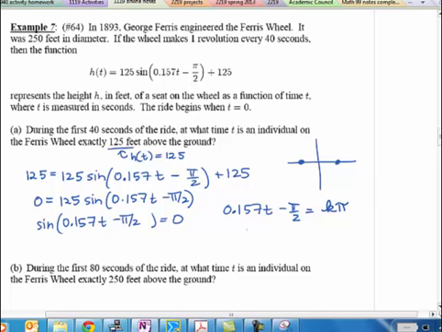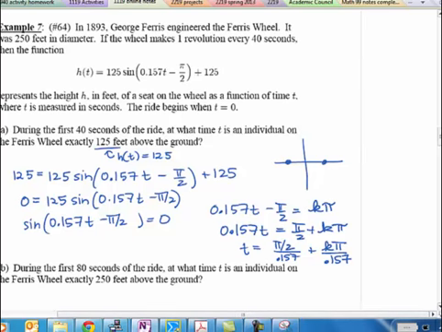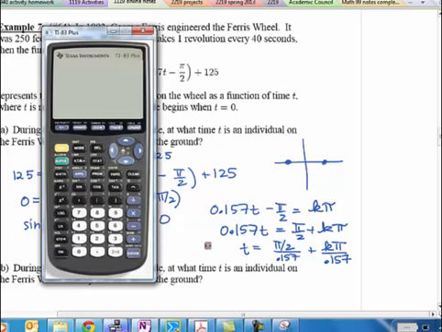If we add pi over 2, and divide by 0.157, we'll get 10 seconds.